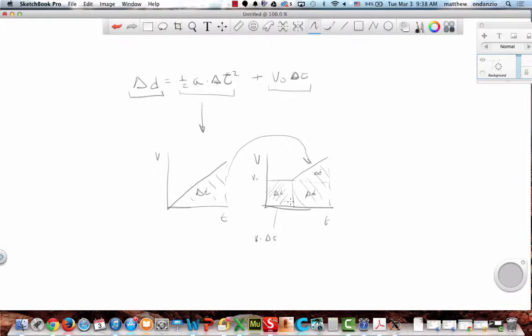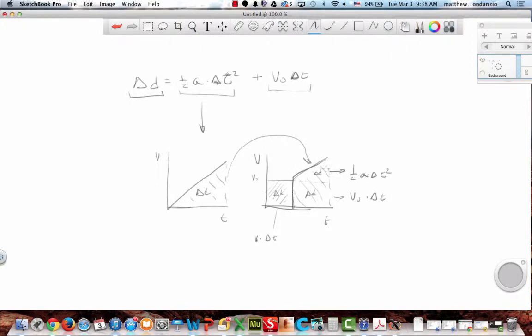Is that you're saying when you do the arrow, you're saying that to the left and to the right? Yes, I'm talking about this graph on the left, this constant acceleration. 1/2 a t squared is the same representation here. This distance is 1/2 a times delta t squared, and this distance here is v naught times delta t.